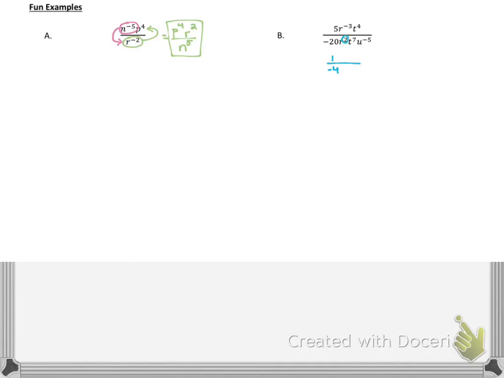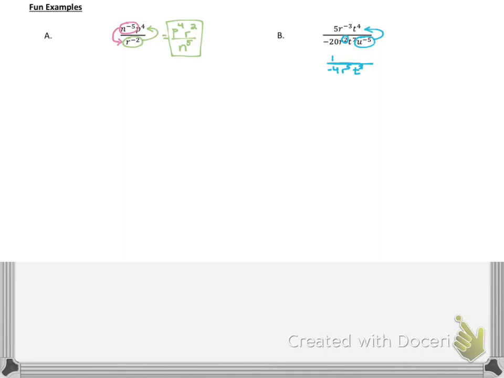Since it is in the denominator, my evaluation is going to be in the denominator. T to the power of 4 divided by t to the 7th. Again, since 7 is in the denominator, my evaluation will remain in the denominator. U to the negative 5th just needs to be positive, so I need to bring that up to the numerator.